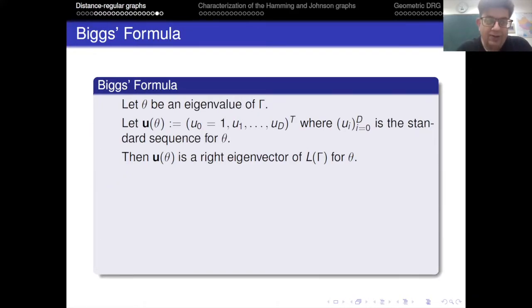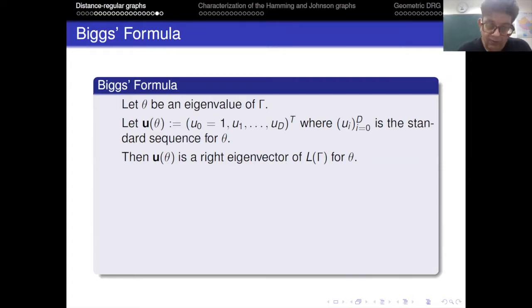I will not need it in this course really, but it's better to. So you can calculate the eigenvalues given the intersection array, and also the multiplicities given the intersection array. So given an eigenvalue theta of a distance-regular graph gamma, we look at u_i, a vector with the u_i's as entries. It is a vector of length d+1.